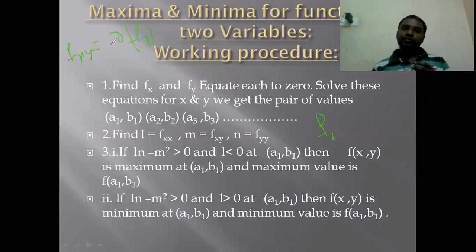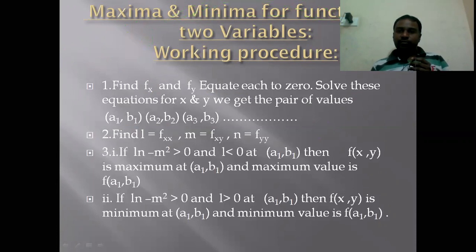Then this function we can differentiate with respect to y. We'll get fxy. Or else one more procedure: if you find with respect to y first, then you can also find with respect to x. So in both ways we'll get the same. Therefore these both values are always equal. It means for every function it is the same.